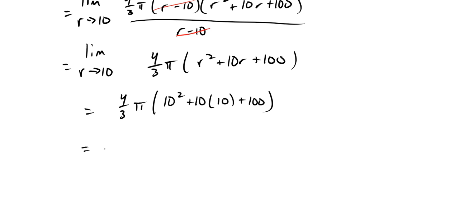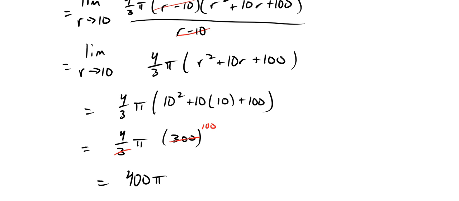So this is 100 plus 100 plus 100. And I'm going to do this. 300 divided by 3 is 100, and I get 4 pi times 100, which is 400 pi.